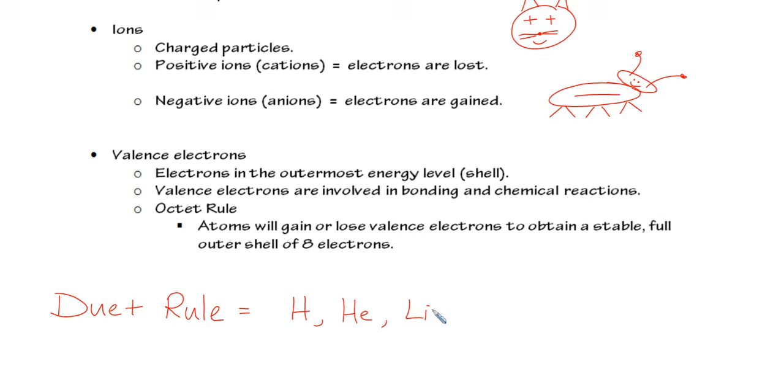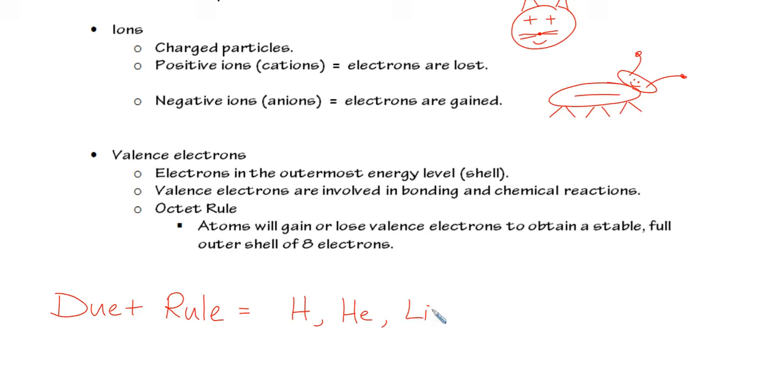Hydrogen's only trying to fill the first energy level. And if you recall, the first energy level only holds 2 electrons. Hydrogen only needs 2 to have a stable outermost energy level. It'll just be the first energy level. Helium actually is stable. Helium has its first energy level filled with 2 valence electrons, and that's all the first level holds.